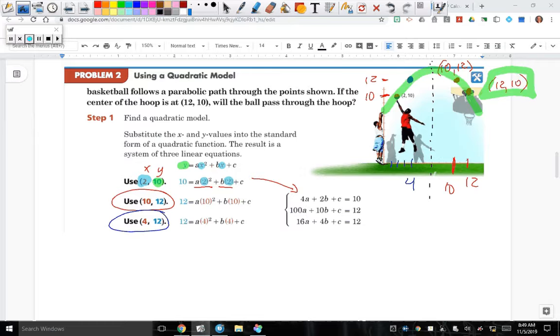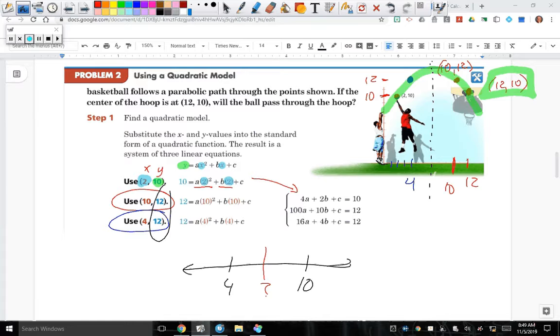So looking at this, I can develop a center point somewhere by looking at those common heights right here. So if their height is 12 at both 4 and 10, what did we do recently in the other unit that we could find that halfway point? How do you find the halfway point between two values?